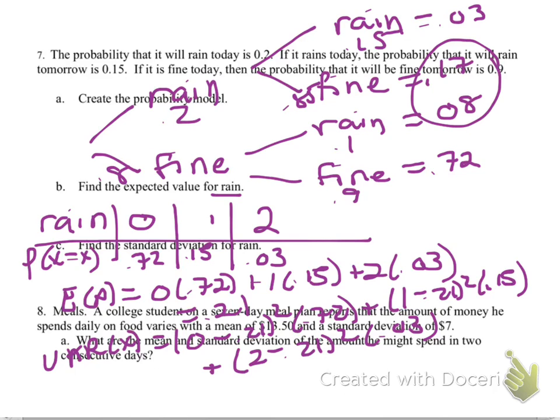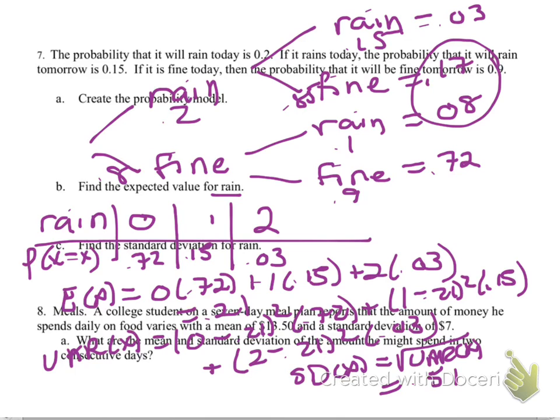Okay, so I get that the standard deviation of X is equal to the square root of the variance of X, which is equal to 0.51. I thought it was 0.31. Anyway, so I got 0.51. I guess I'll have to do that one tomorrow in class.